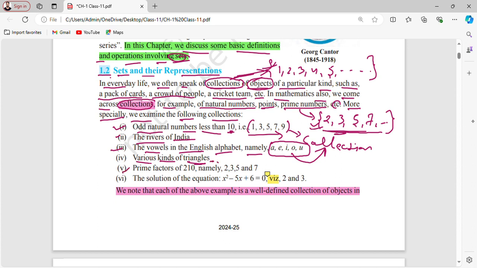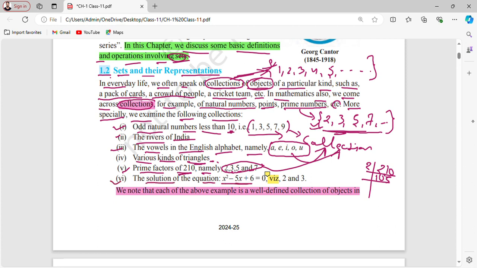Now the fifth point is the prime factors of 210, namely 2, 3, 5 and 7. If we find all the prime factors of this number, we will find all these factors. These are also collections. And now the next point, the solution of the equation.